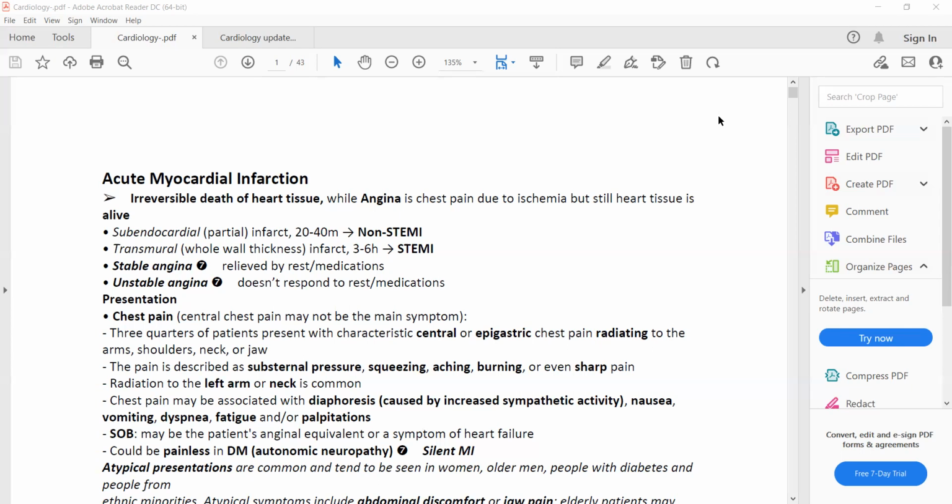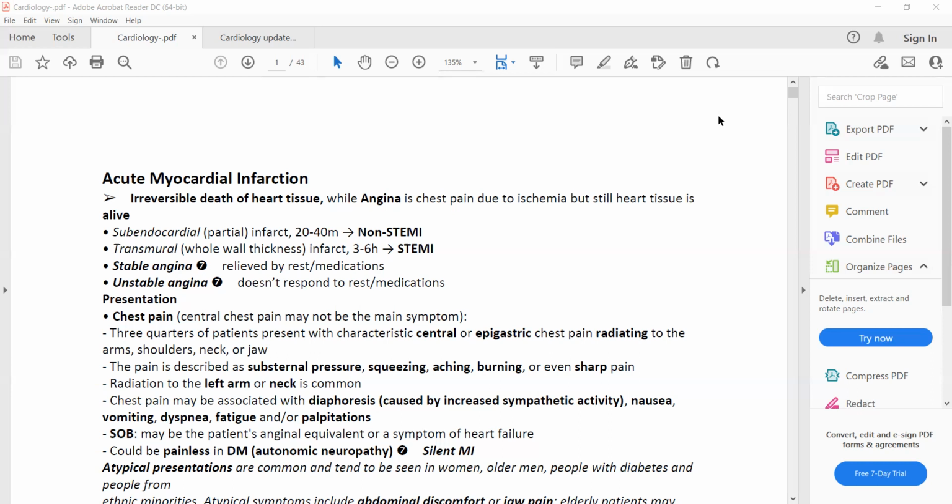So it is a myocardial infarction. And if troponin T is negative, then it means this is only ischemia and no myocardial cell injury or necrosis has occurred. So it will be unstable angina. Is it clear now?